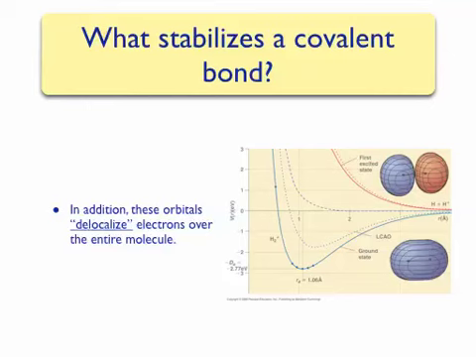Notice that the energy reaches a minimum when the nuclei are a certain distance from one another. This distance would be the bond distance of a hydrogen molecule. This shows that the energy is lowered when electrons are allowed to be between two nuclei.